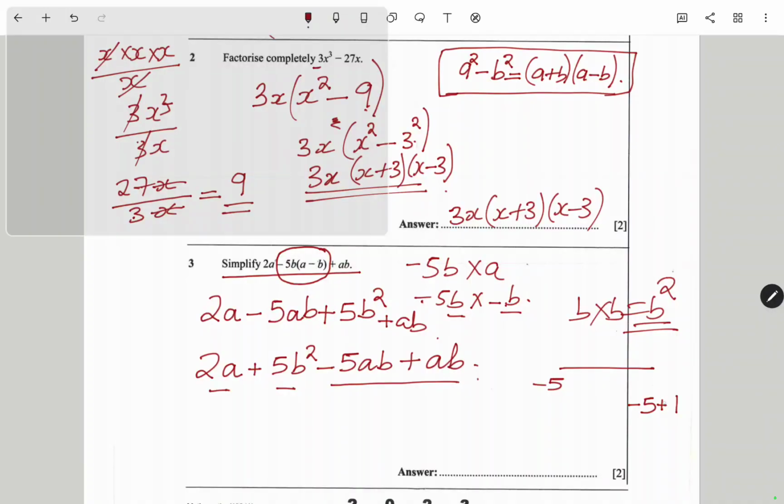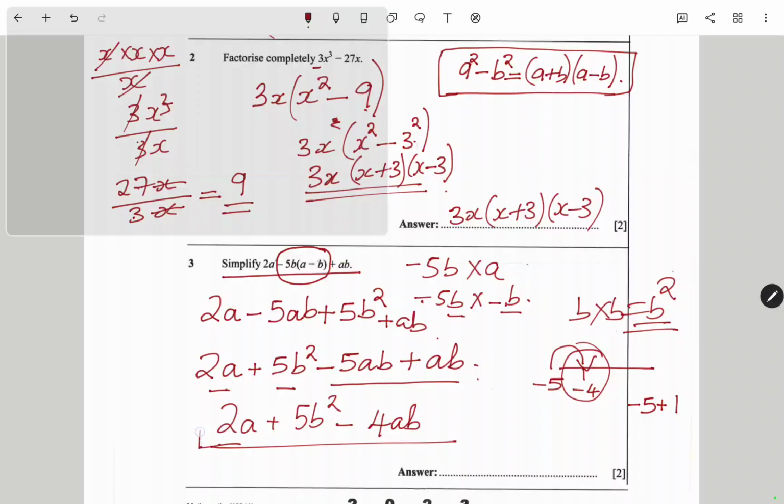Then again, you're told move 1 step to the positive. So it means our answer will be negative 4. Now, since we have some coefficients here, which is ab, the answer here will be 2a plus 5b squared minus 4ab. This is how you simplify.